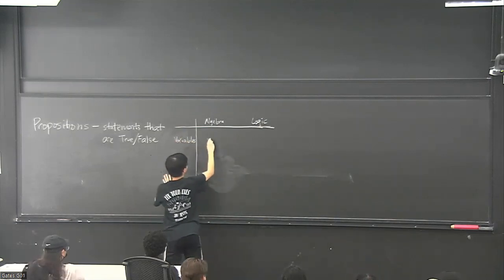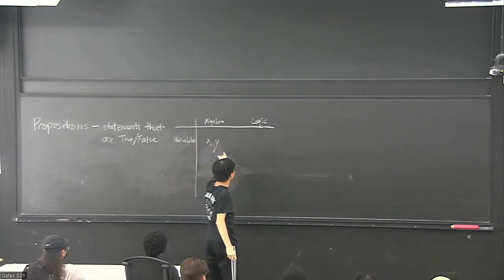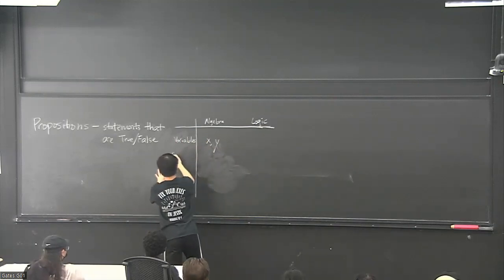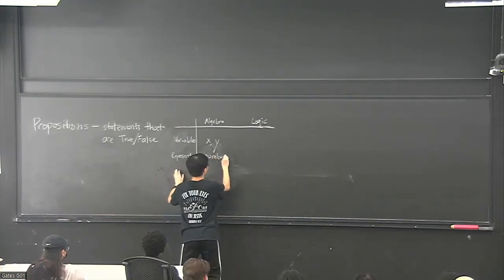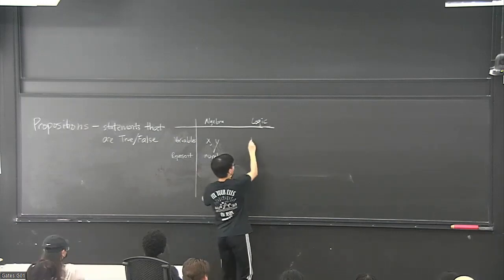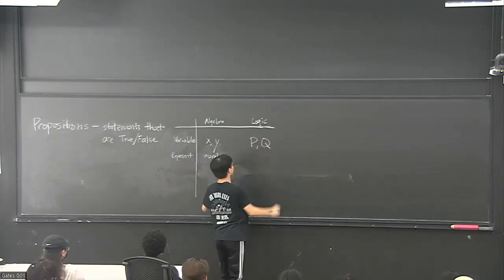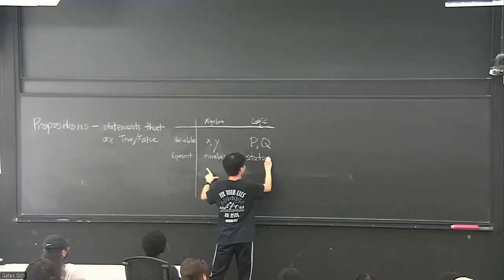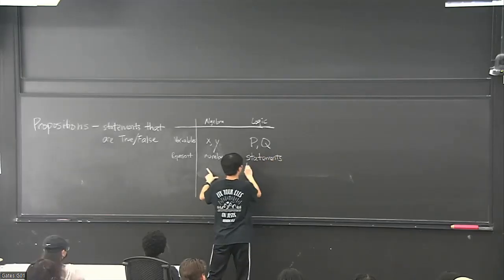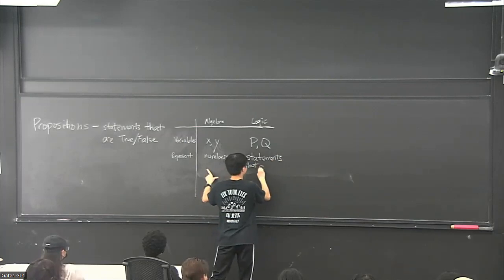In algebra, we might have x, y representing numbers. In logic, we may have variables like p and q, representing statements that are true or false.